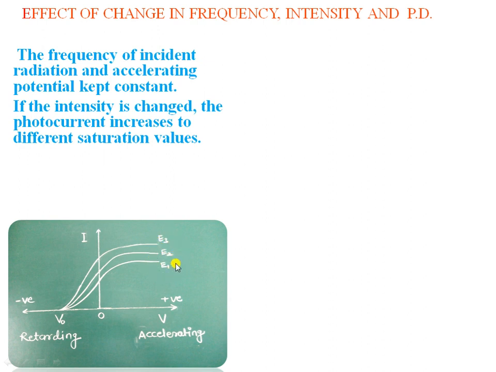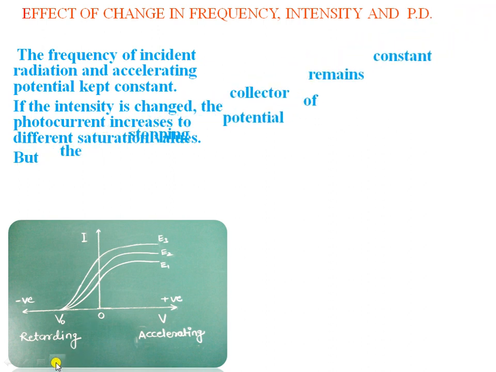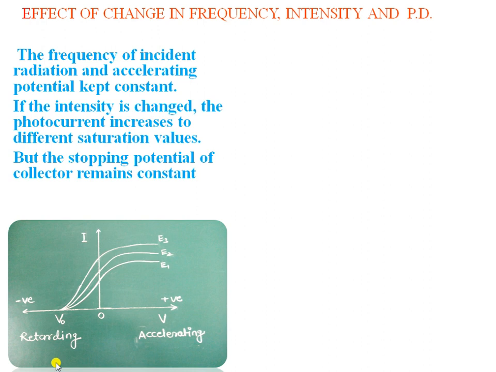In this part of the experiment, we kept the accelerating PD and the frequency of incident light constant, and finally it is observed that the stopping potential or cutoff potential remains constant for each intensity. Since stopping potential depends upon frequency, and frequency is constant, the stopping potential remains constant.